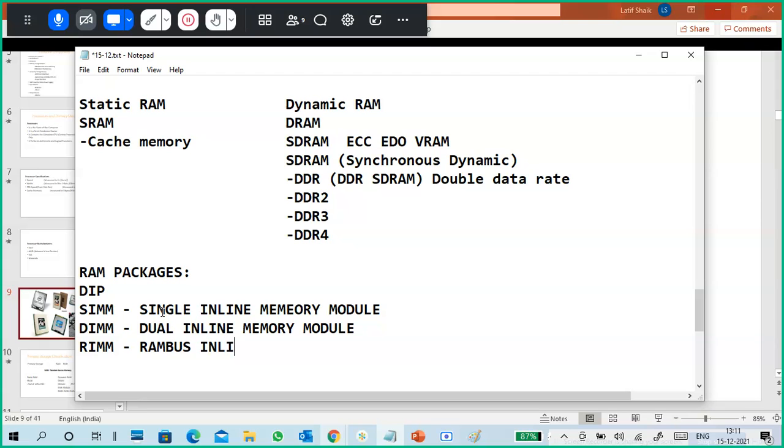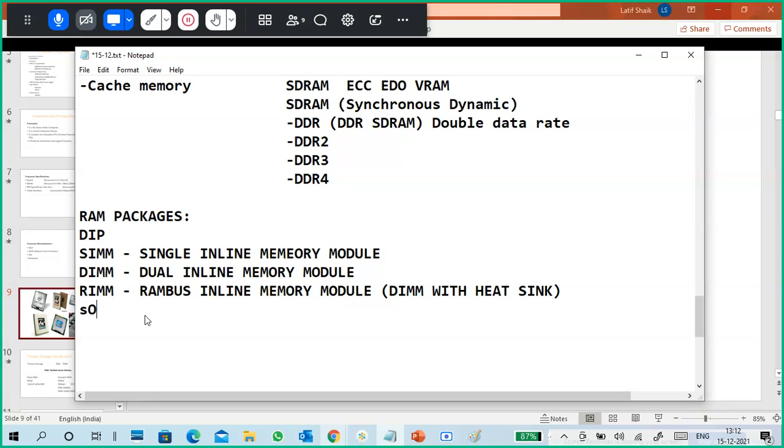It's a name only, but it is nothing but a DIMM with a heat sink. Usually in multimedia, gaming, servers, a lot of heat is generated from the RAM, so they put a heat sink on it.